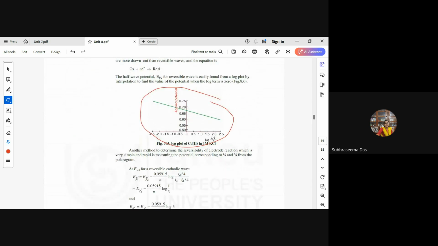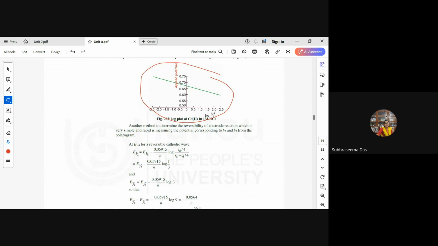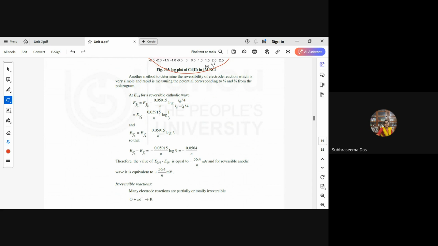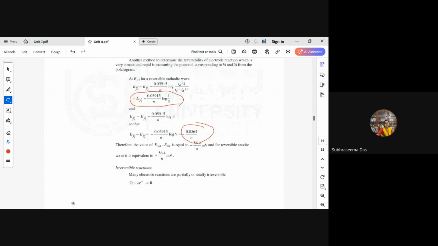Another method to determine the reversibility of an electrode reaction, which is simple, corresponds to 1 by 3 and 3 by 4 from the polarogram. This means that at E1 by 4 for a reversible cathodic wave, E1 by 4 is equal to E half minus 0.0591 by n log 1 by 3, and E3 by 4 minus E1 by 4 is equal to 0.0564 by n.